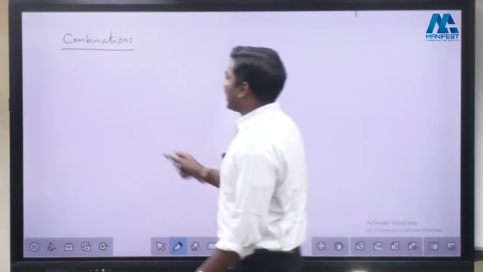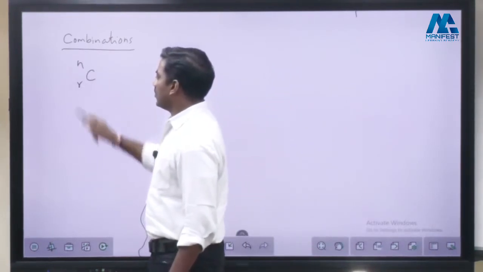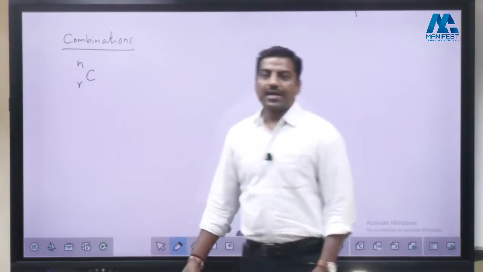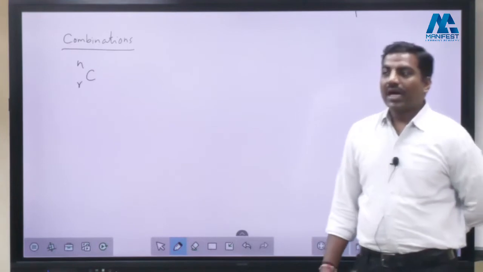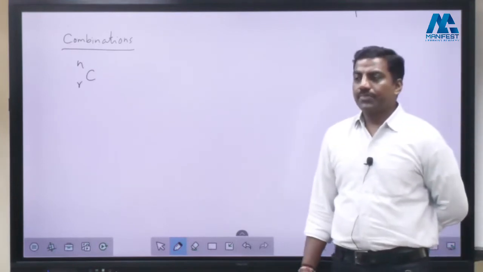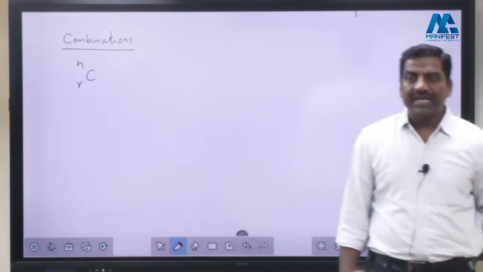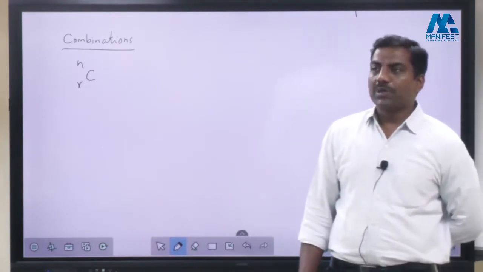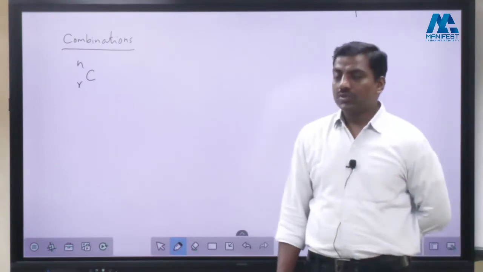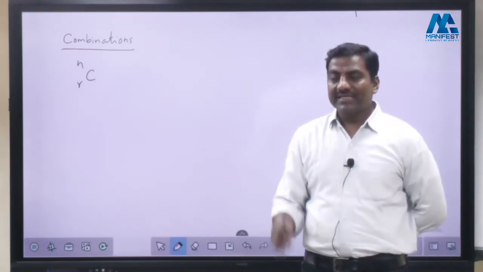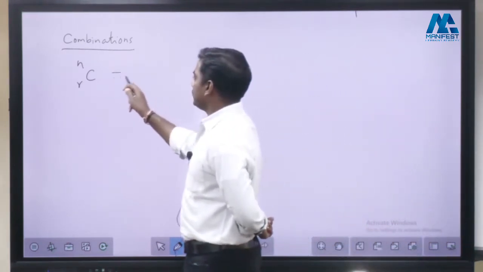So when we are calculating combinations, we write NCR. And I had told you that whenever we calculate permutations and combinations simultaneously for a case, permutations will always be more. That means we have to take lesser than permutations. So first I'll take the permutations.